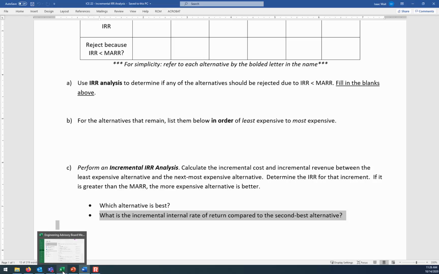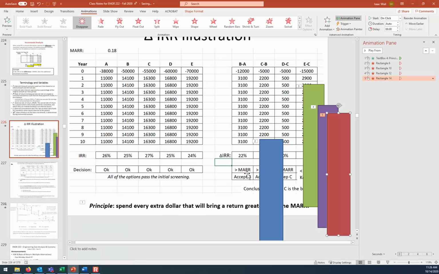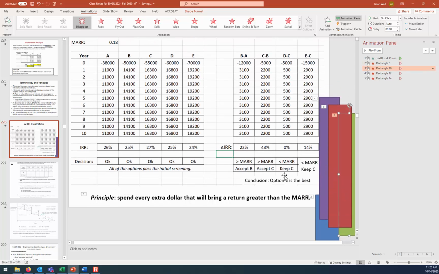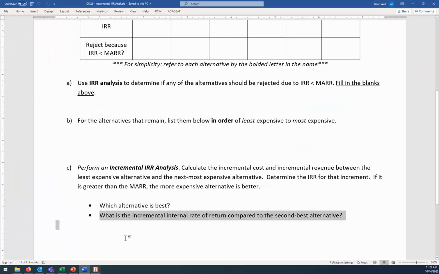So for example, in the previous illustration, when we did the comparison of B versus C, C was the best alternative, and it yields 43% return compared to the next best alternative. So the rate of return on the increment was 43%. So it's that part of it that I'm asking you to find here in the last bullet point.